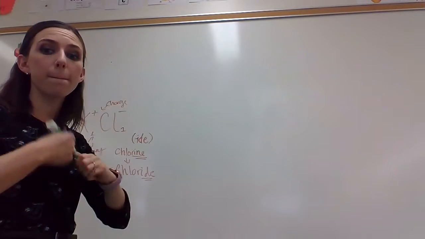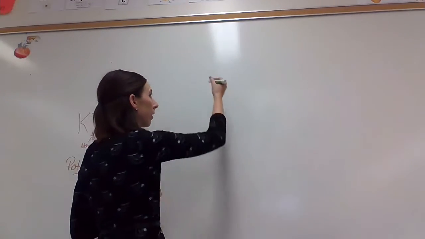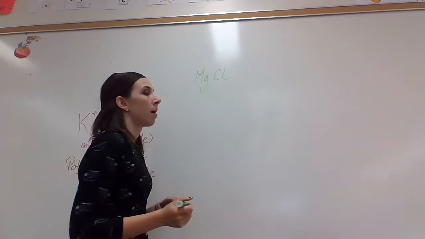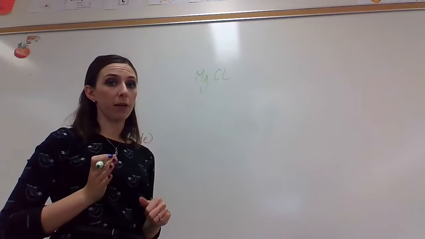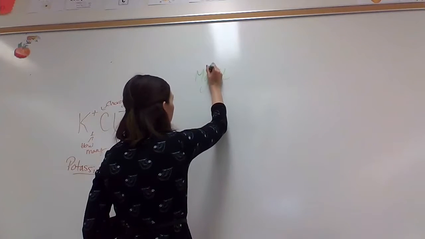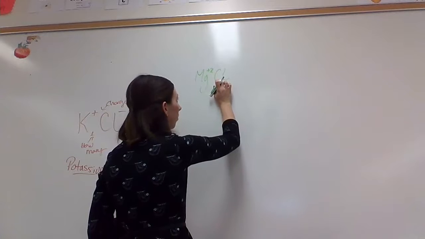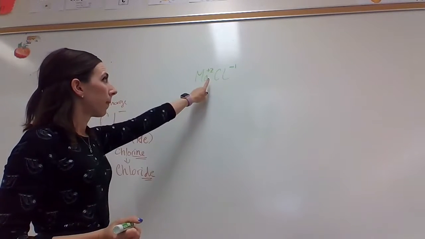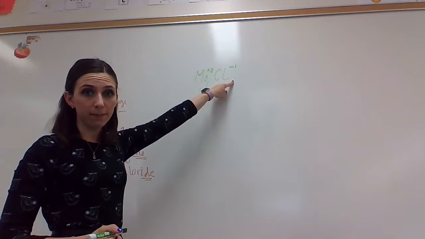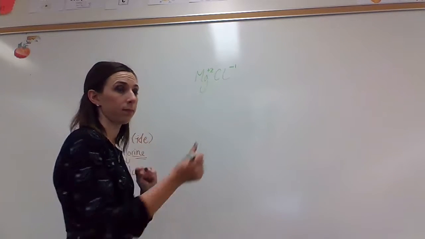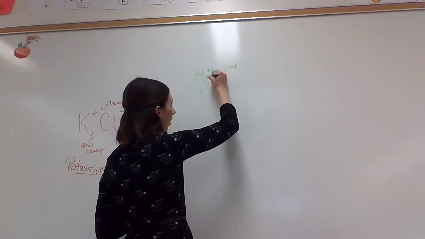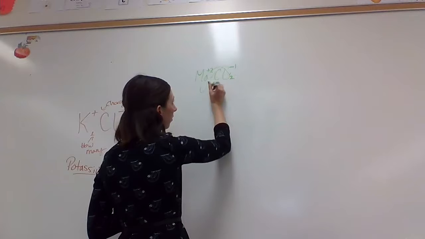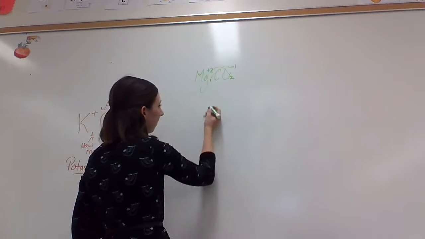Another one could be magnesium chloride. So Mg and Cl. Magnesium is an alkaline earth metal. So for magnesium, +2, chlorine is a halogen, so a -1. How many chlorines would you need? So if you're going to do the cross again, this says you need 2 chlorines and just 1 magnesium.